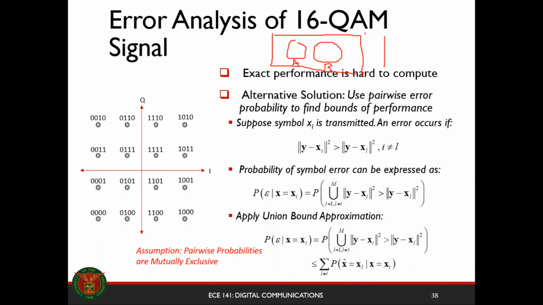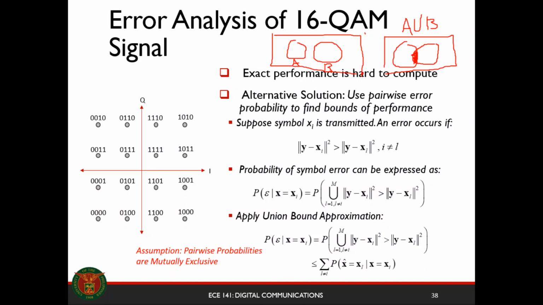Now, if you have non-exclusive events, they actually have a small intersection. So the probability of A union B is the probability of A plus the probability of B minus the probability of A intersection B, since they have some values that intersect.